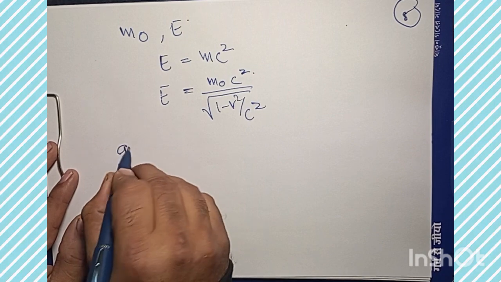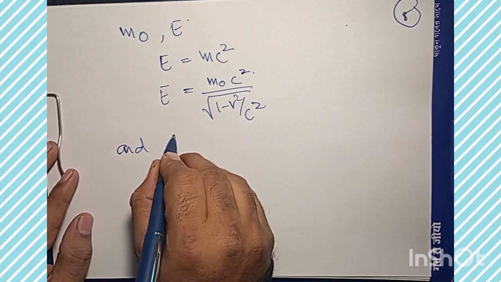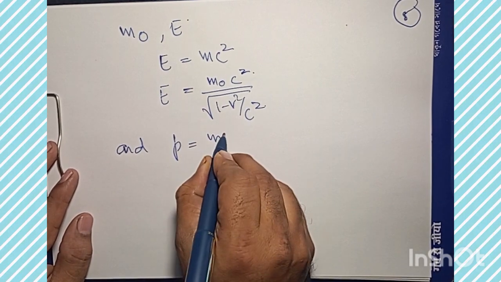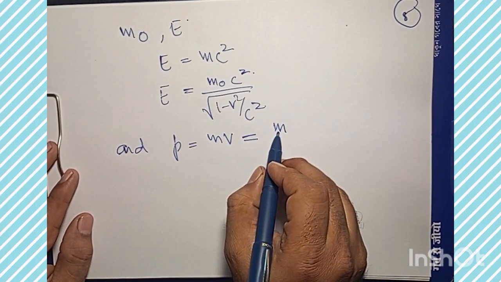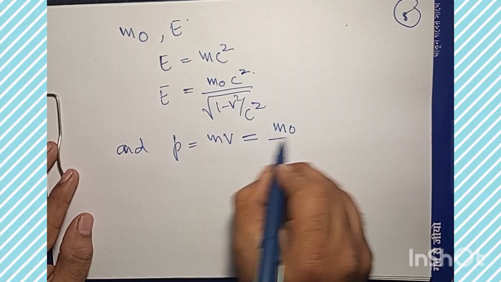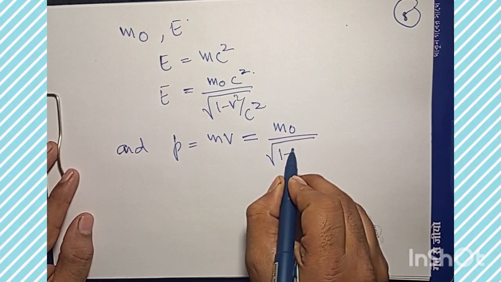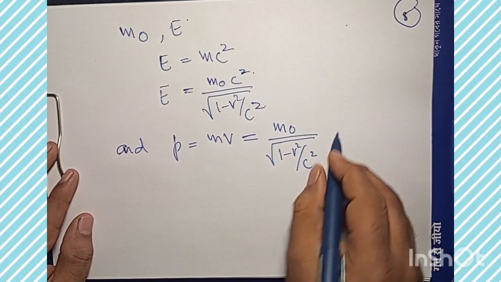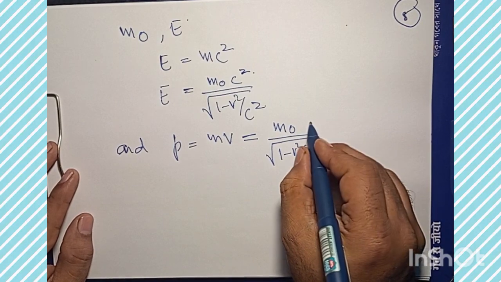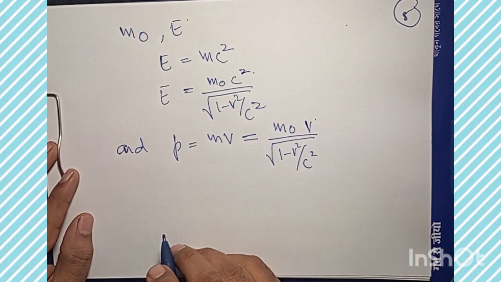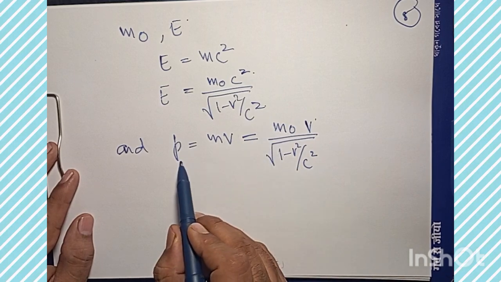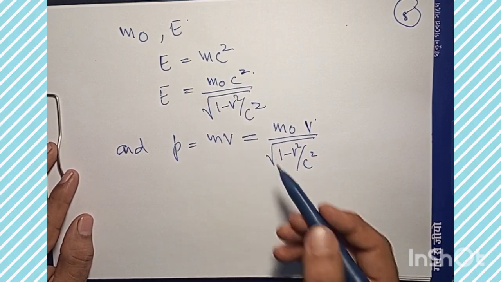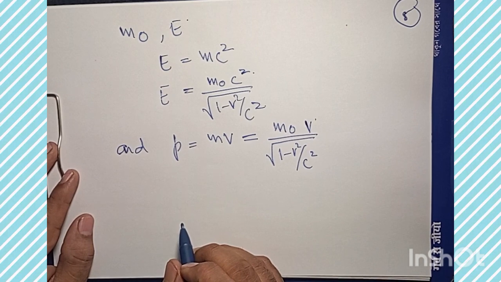And what about momentum? Momentum is mv, right? So this is m naught by under root of 1 minus v square by c square, and here I have v. All right, so I have energy and I have momentum, and if I have these two, I can calculate the frequency.